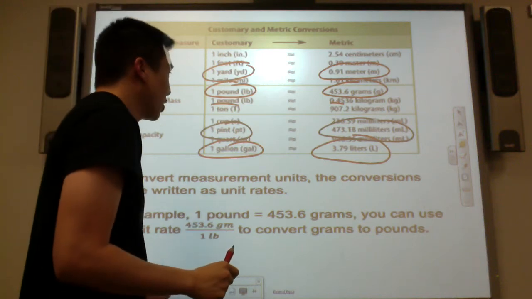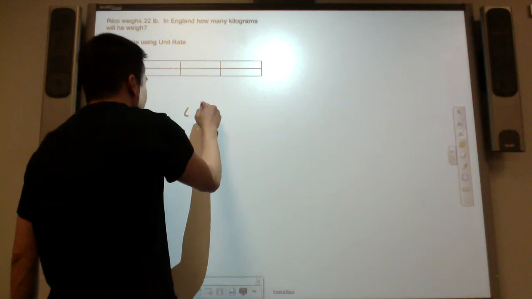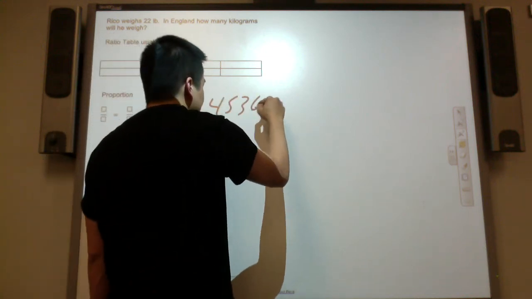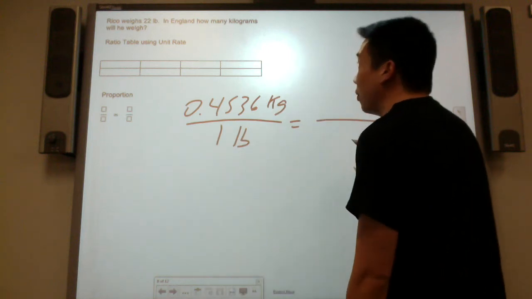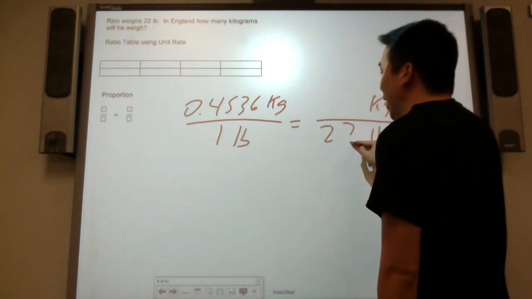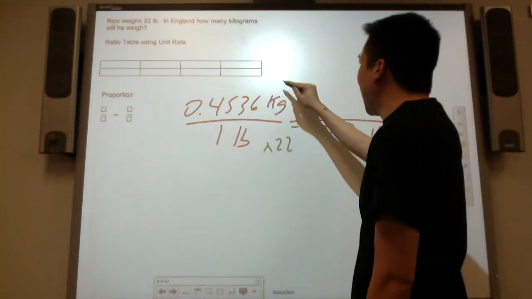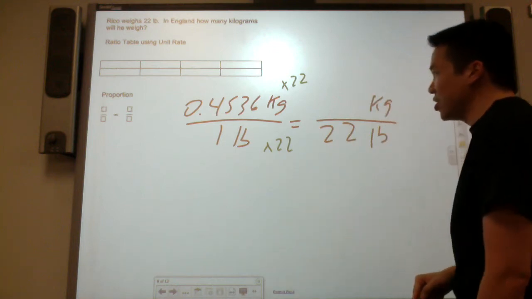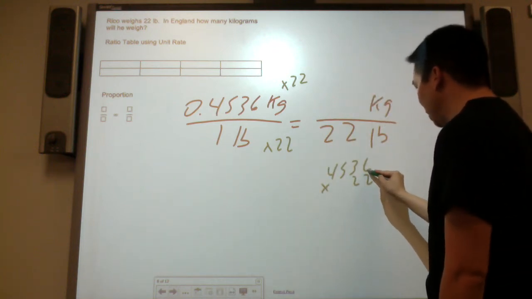So 0.4536 kilogram per pound. So in England, Rico weighs 22 pounds. So are we building up or breaking down? We are building up. So what is 0.4536 times 22? Let's see.